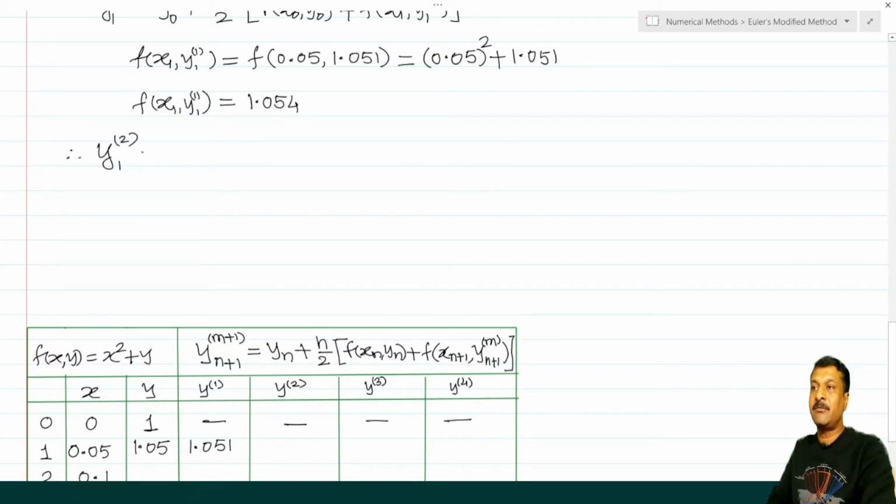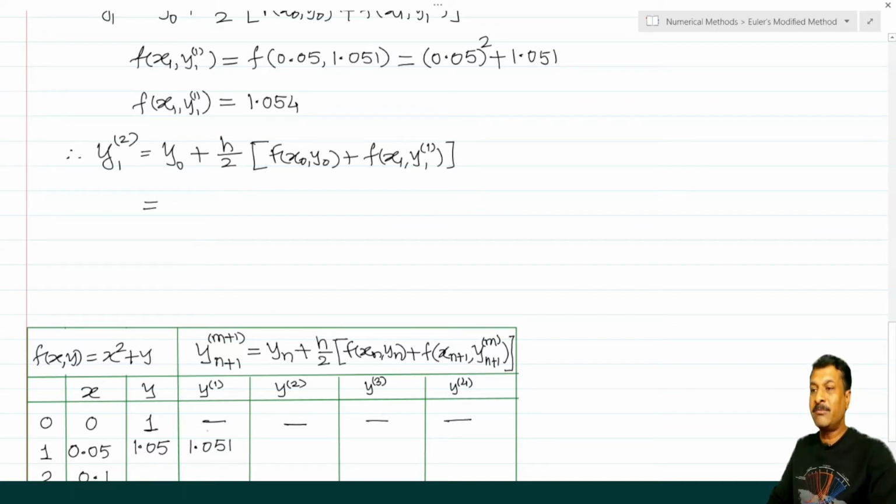Therefore I am able to find y1 at second position. What is it? Last value y0 plus average value, means h by 2 of the last function f of x0 y0 plus f of x1 y1, but the new value of y1, or recent value, or last value of y1 is the first position, which we know. So put the values. The y0 value from the table, I can see the 0th position y is 1, plus h is 0.05 by 2, and I am getting f of x0 y0.